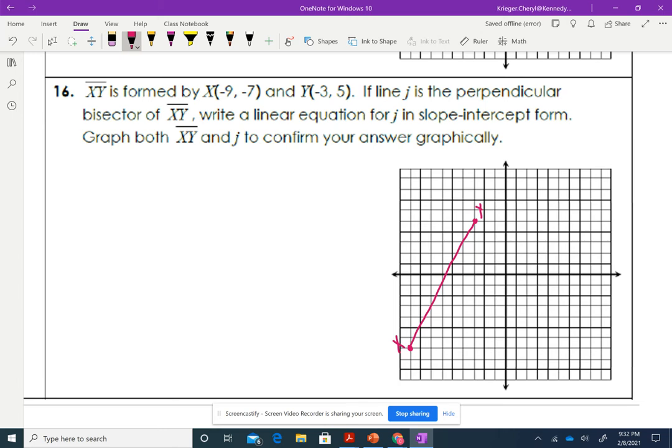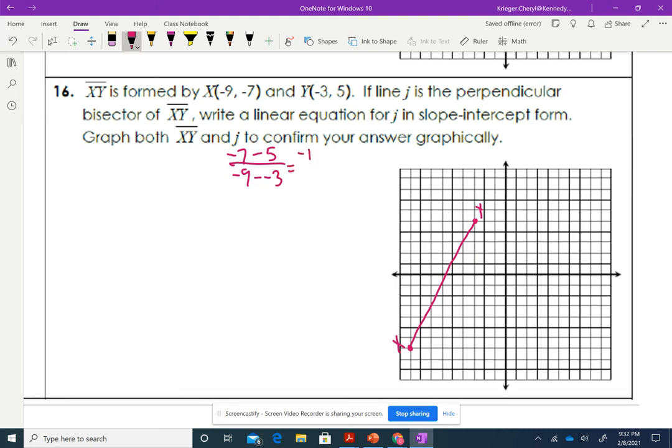XY, what is the slope? It looks like up 2 over 1, up 2 over 1. Maybe, but let's go ahead and plug it into the slope formula just to double check. So that is y2 minus y1 over x2 minus x1.